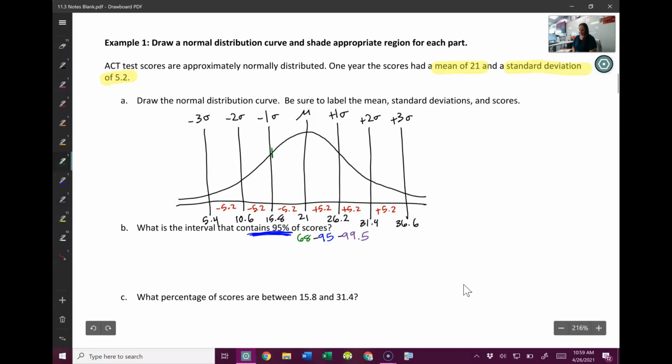So 68 is 1 standard deviation from the mean. 68%, there's that one. 95 is 2 standard deviations from the mean. So 95. And 99.5 is 3 standard deviations from the mean.